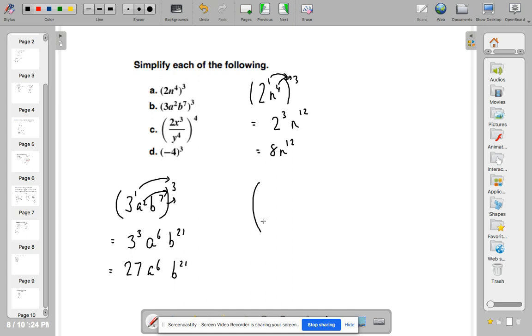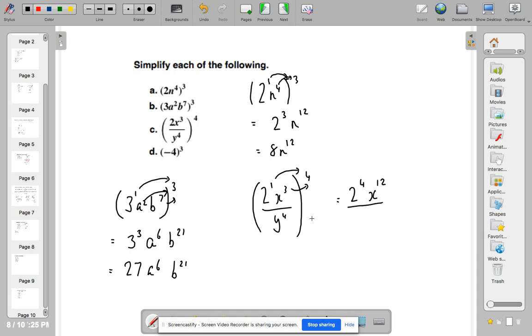Question C involves that sixth law, 2x cubed over y to the power of 4, all to the power of 4. Once again, I'm putting a little 1 there for 2 to the power of 1. Reminds me I have to take that separately. Multiplying indices, 1 times 4 is 4, 2 to the power of 4. X to the power of 3 times 4 is 12.